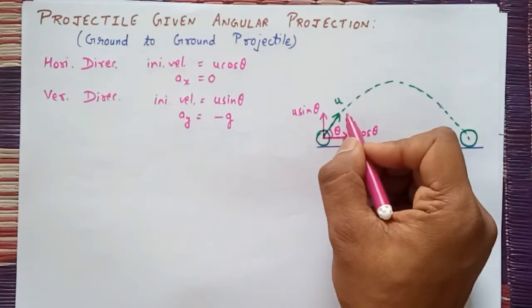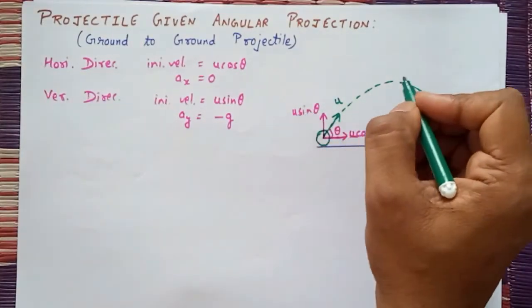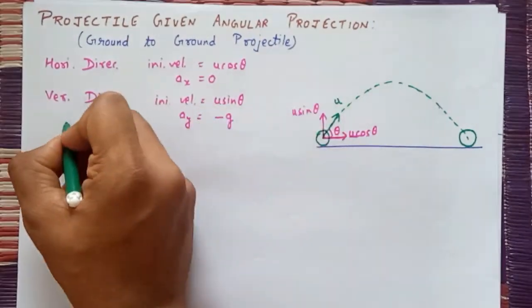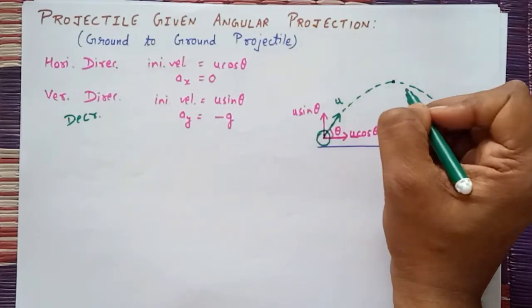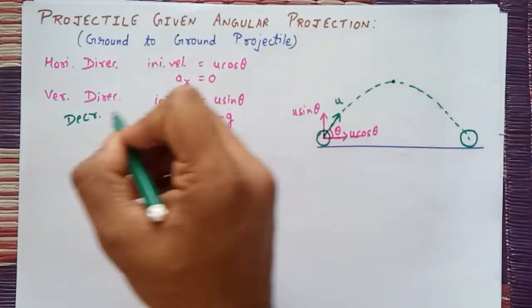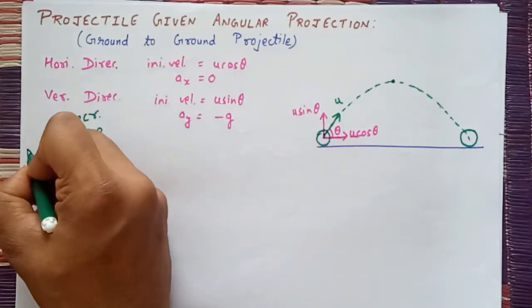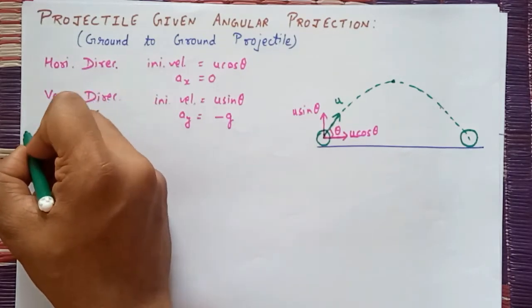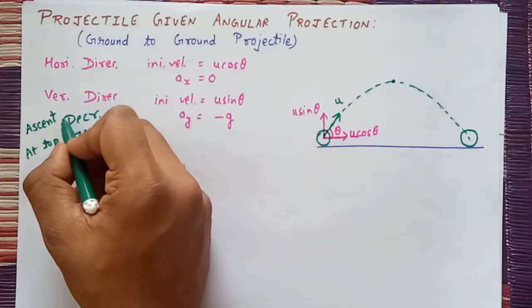Now when the object is going upward, what will happen? When the object is going upward in the vertical direction, its velocity will be decreasing up to this point. At the topmost point, its velocity will be 0. I am writing it as at ascent. Ascent means when the object goes upward, the velocity will be decreasing.